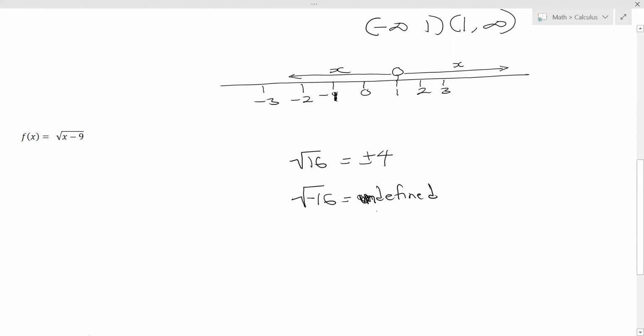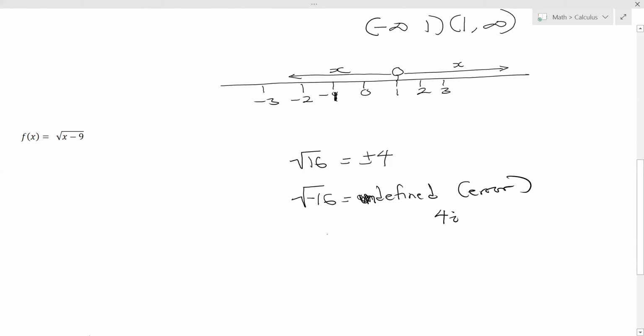If you put this on your calculator, you will get an error. If you're dealing with complex numbers, you get something like 4i, but that's for another topic. Generally you get an error.